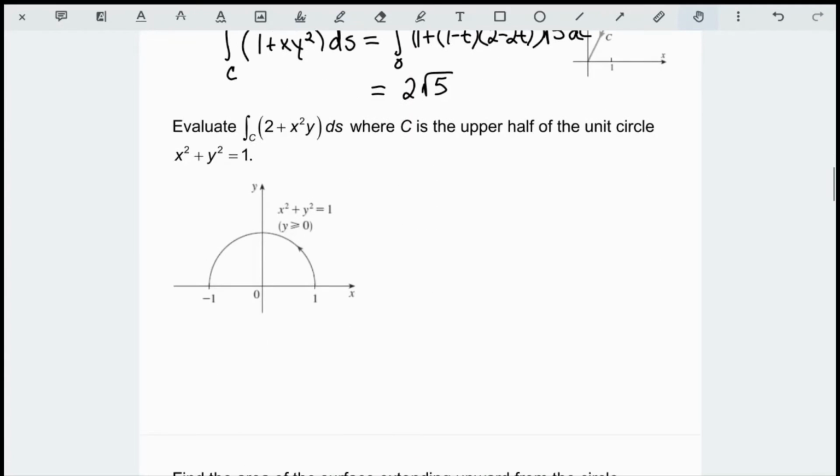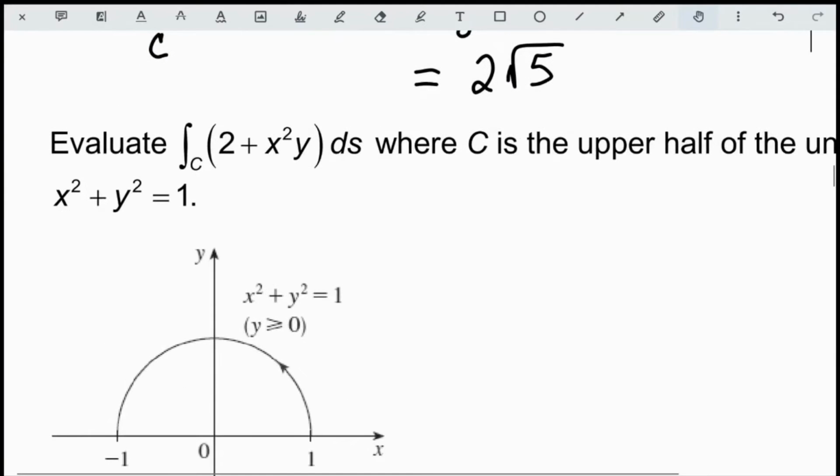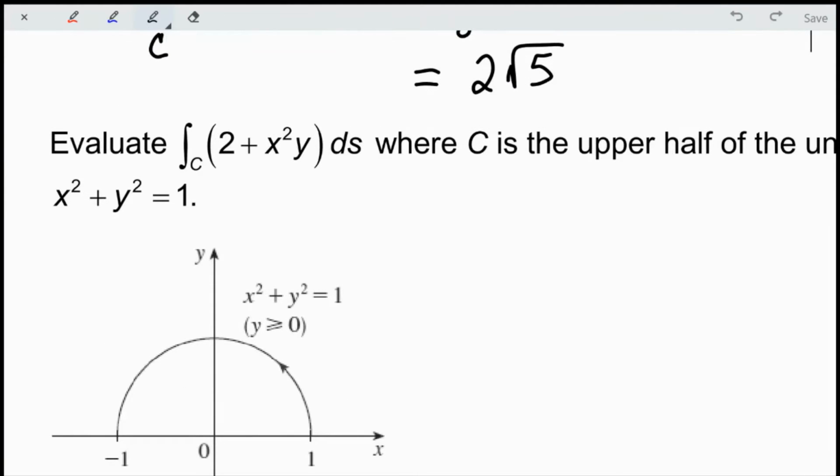Okay, so here's another one that I want you to try. It says evaluate this line integral along the curve C, 2 plus x squared y, where C is the upper half of the unit circle, x squared plus y squared is equal to 1. Now, before you get too far into this, just remember you're going to have to come up with your parametric equations here. So since we're starting at the point (1, 0), I'm going to say my x is cosine t.